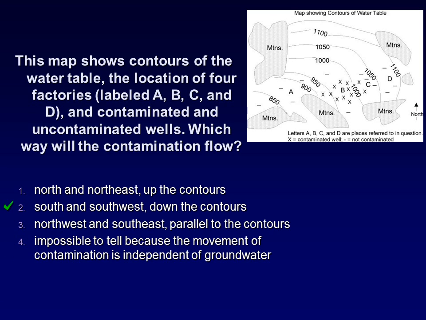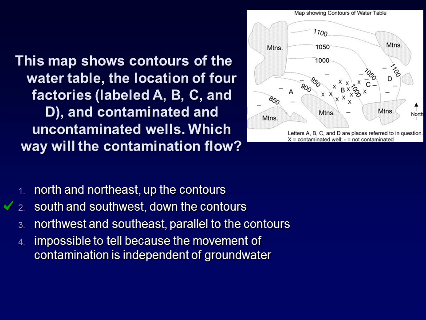If you said south and southwest down the contours, you would be correct. So let's take a look and see why. Number 1, north and northeast up the contours. Okay, that means the water would be flowing uphill, which never happens. This is completely impossible. Water does not flow uphill. It only flows downhill.